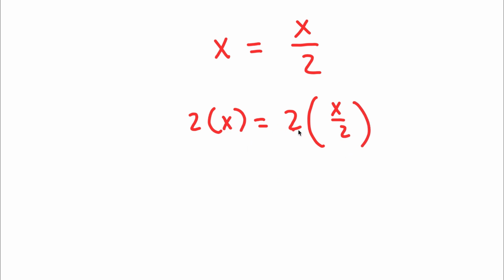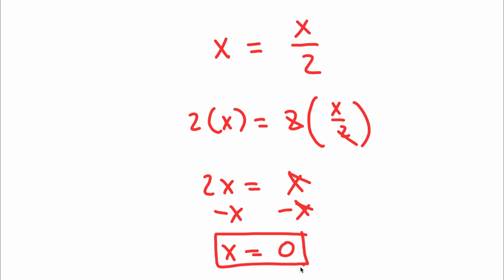So now I have 2 times x is equal to 2 times x over 2. Now 2 times x is 2x, and 2 times x over 2, the 2 simply cancel out, so I'll simply just be left with x. Now if I subtract x on both sides, x minus x, these two cancel out, and 2x minus x is x, so I'm left with x is equal to 0. So that's another way of solving this problem.